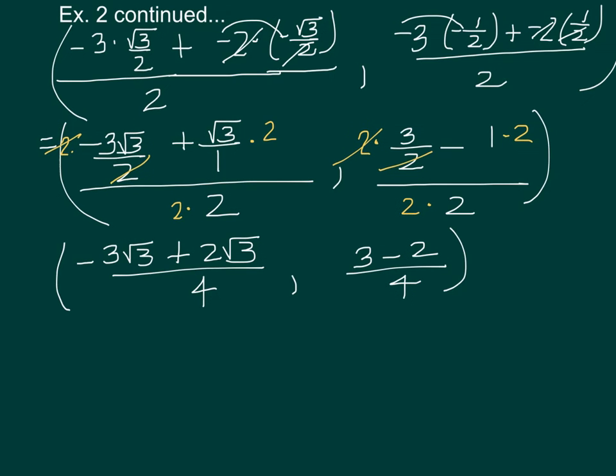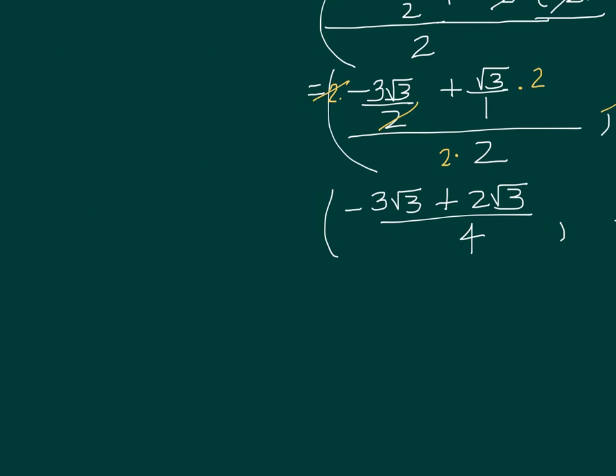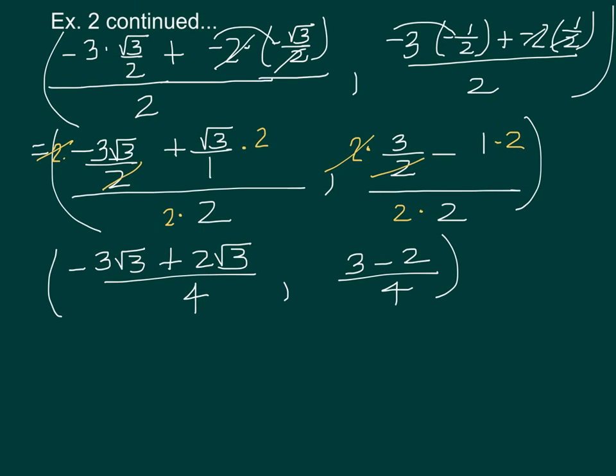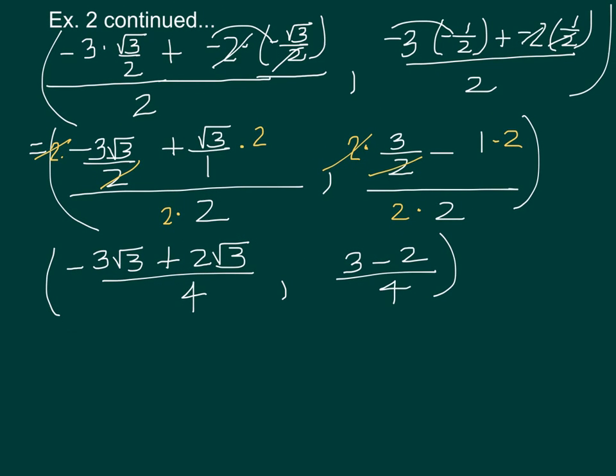So simplifying my numerator, I'm going to get negative 1 root 3 over 4, comma 1 over 4. And there's my midpoint.